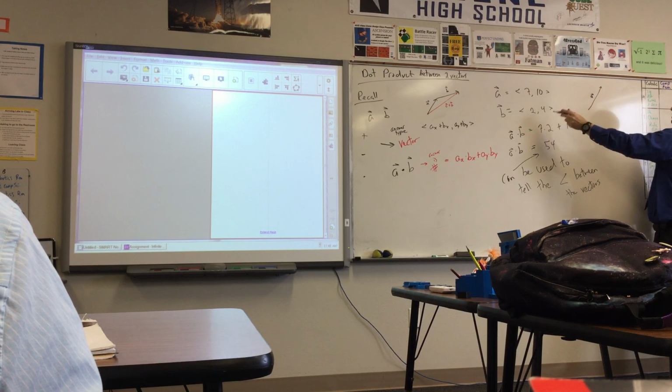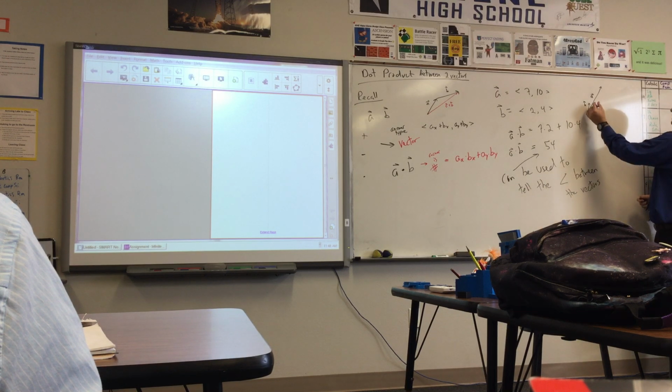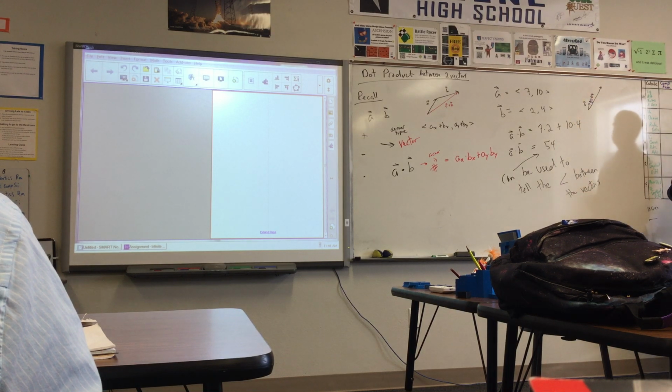And 2, 4 is over 2, up 4, maybe something like that. There's vector B. That's really incredibly small, but sorry. There's an angle in between those two, between A and B, theta. This 54 is going to help us figure out what that angle is between the two of them.